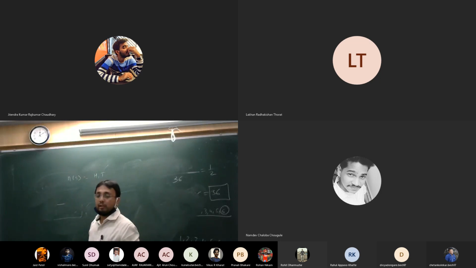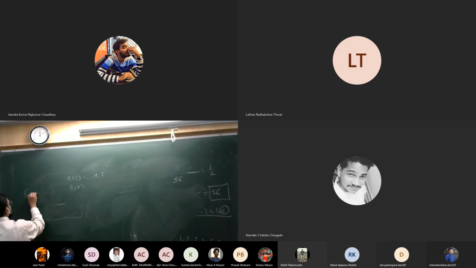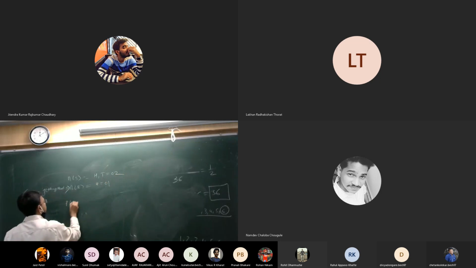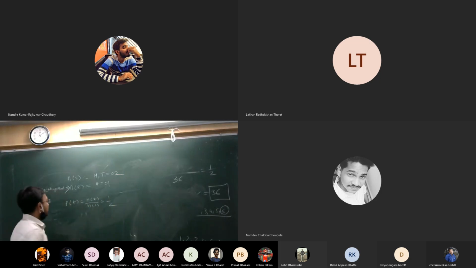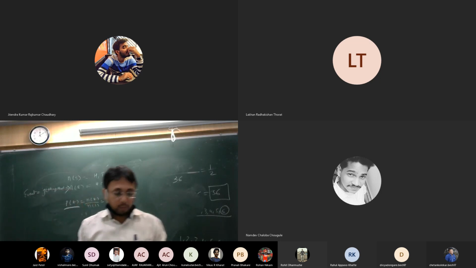So NS is 2. The event given is getting a head, which is only H, the only possible thing, so NE is 1. The probability of the particular event is NE divided by NS, that would be 1 divided by 2. So the probability of that event would be 1 out of 2.